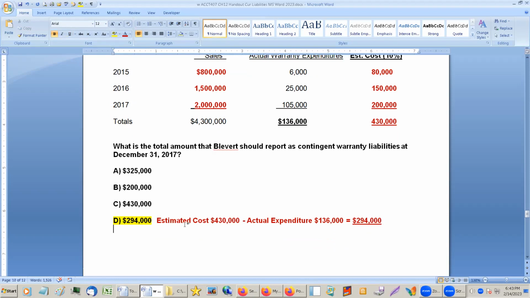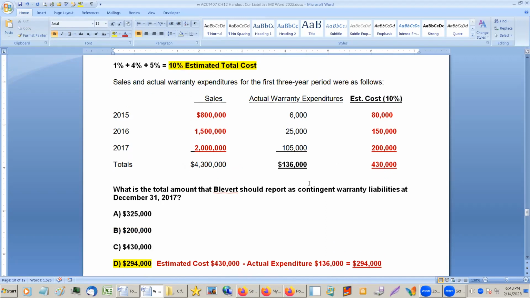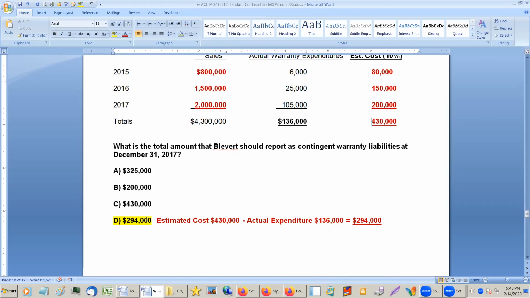Yeah, so we have a liability basically on the books of 294,000. We put costs of 430 on the books. We've spent 136 of it, so we paid back 136 of it, so we still have 294 of it to pay back.